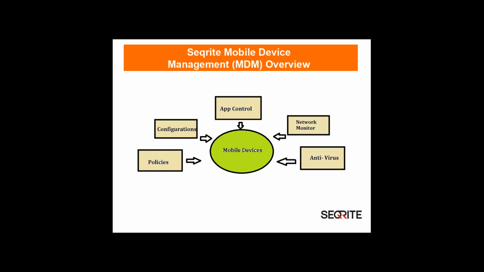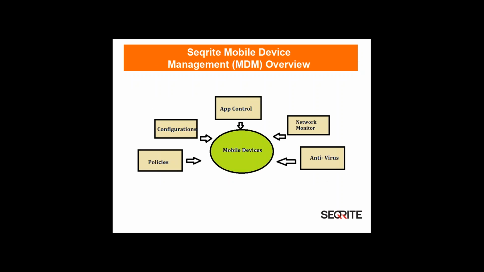The basic idea of Seqrite mobile device management is to ensure the employees stay productive and do not breach corporate policies. This can be done by certain set of policies like restricting user to use of camera, Bluetooth, or forcing users to set password on the device, and so on.